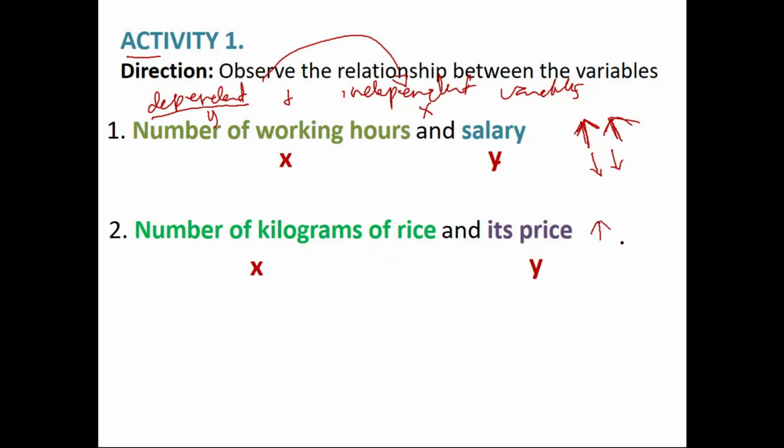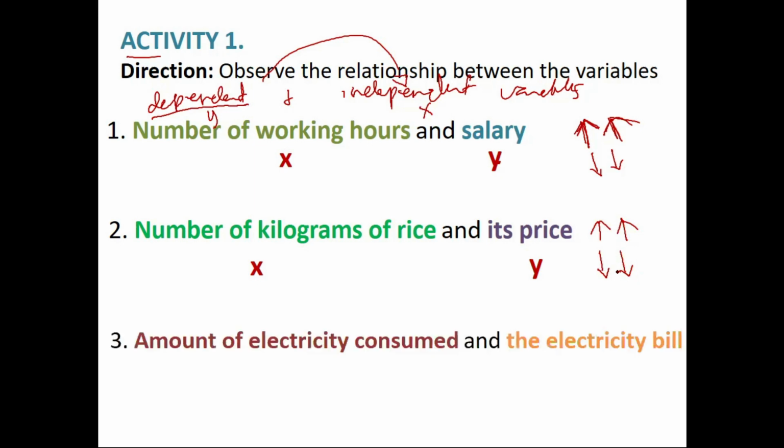The more kilograms of rice you buy, the higher the price. Siyempre, kung mas marami kang bibilhin na bigas, mas mataas din yung babayaran mo. Pero kung konti lang naman yung bibilhin na bigas, konti lang yung babayaran niyo. I hope you're getting my point.